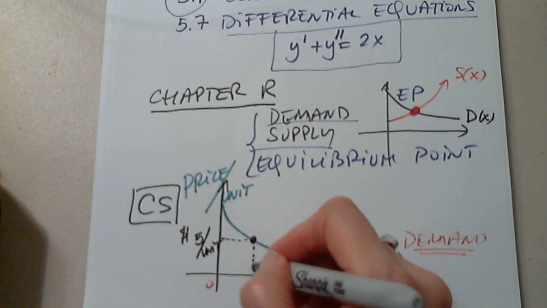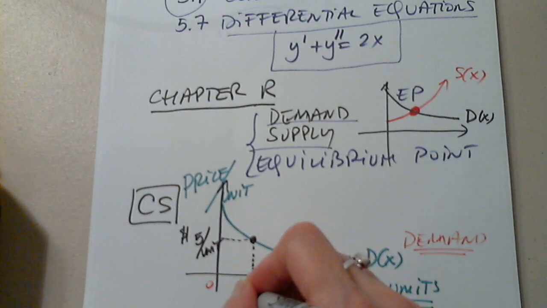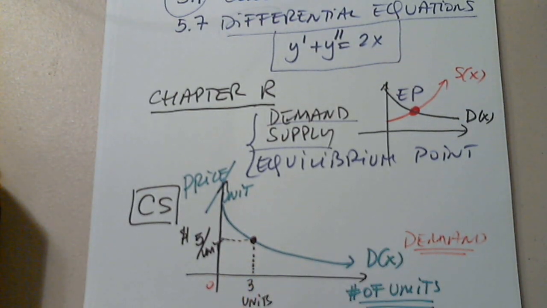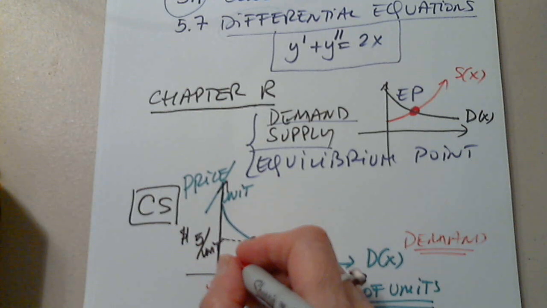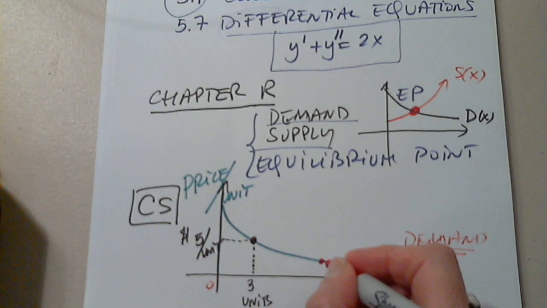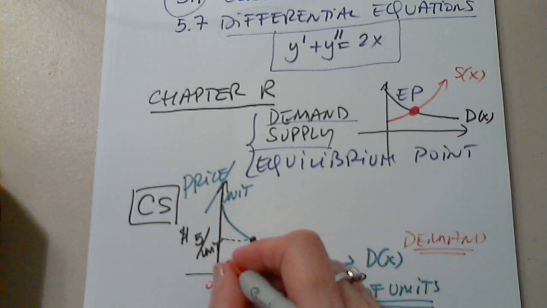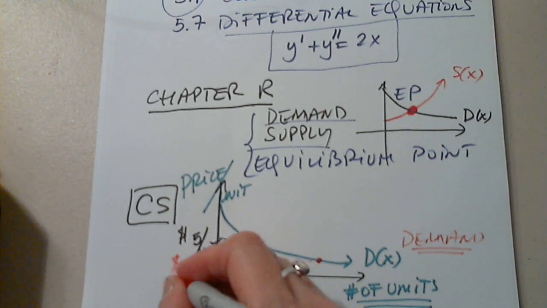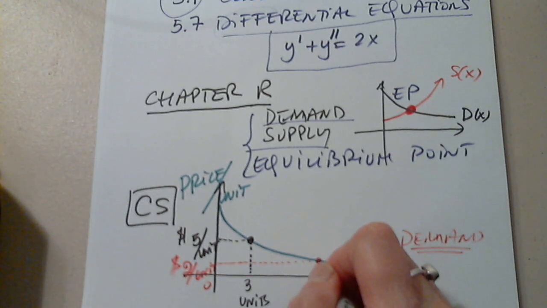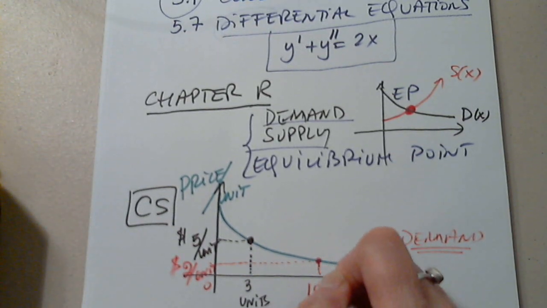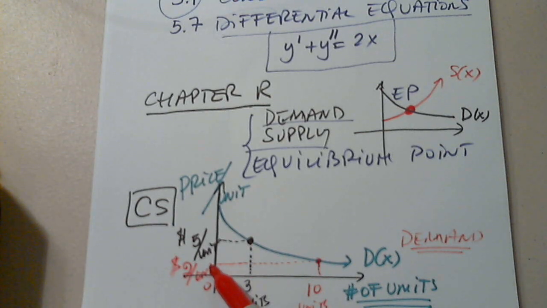We are interested to purchase, let's say, 3 units. If the price goes down from 5, somewhere here, let's say the price is $2 per unit, then we're interested in purchasing 10 units.